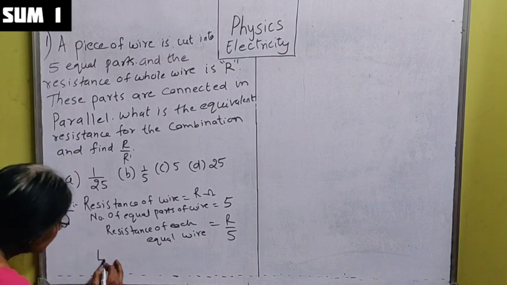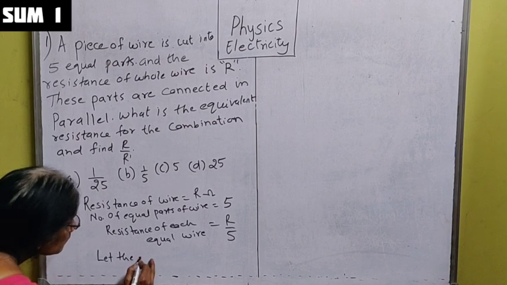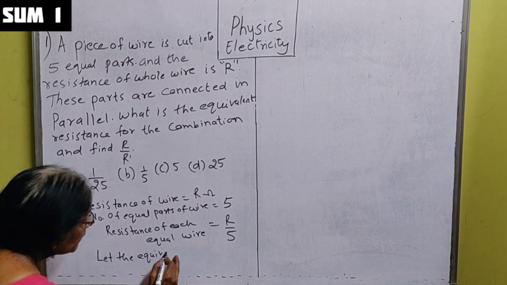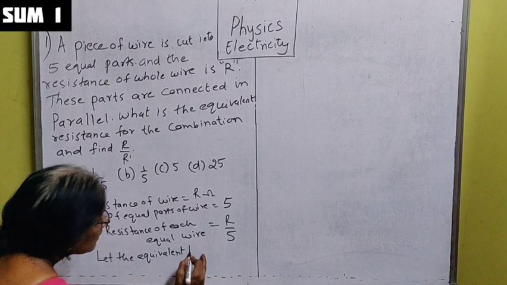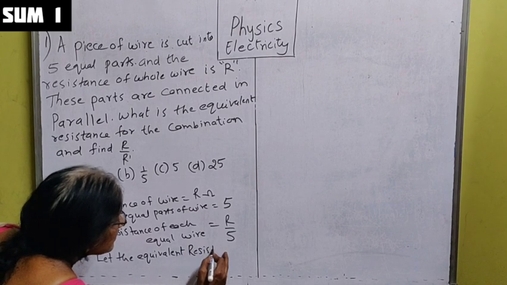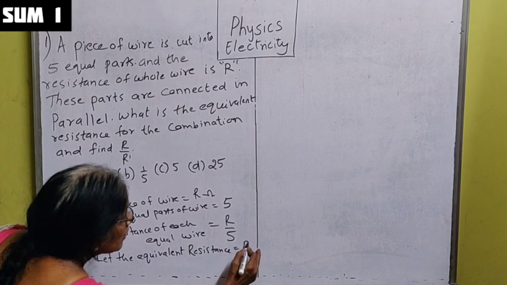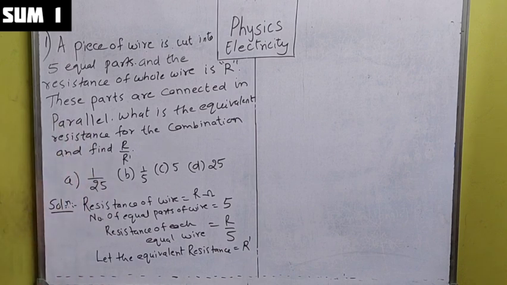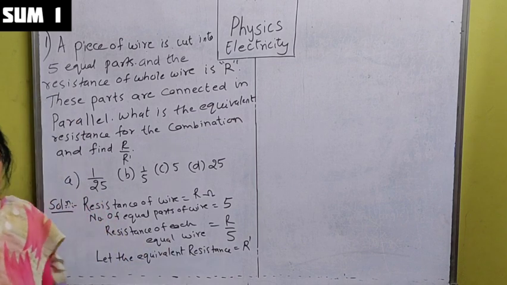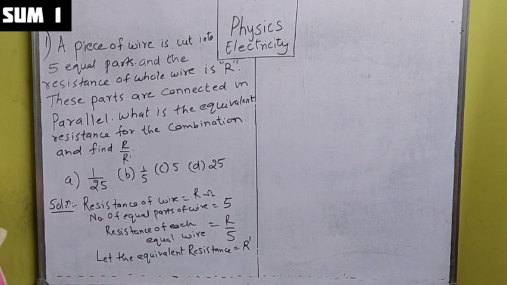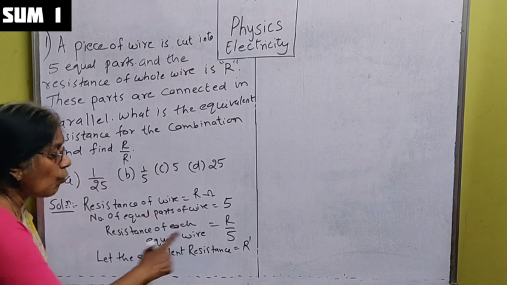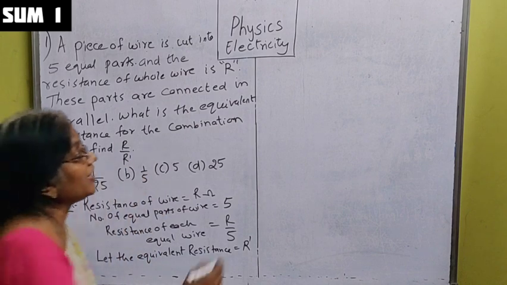So, let the equivalent resistance he has asked be equal to R dash. The equivalent resistance of all these 5 equal pieces of wire when they are connected in a parallel combination. We have to find out now what is 1 by R dash.